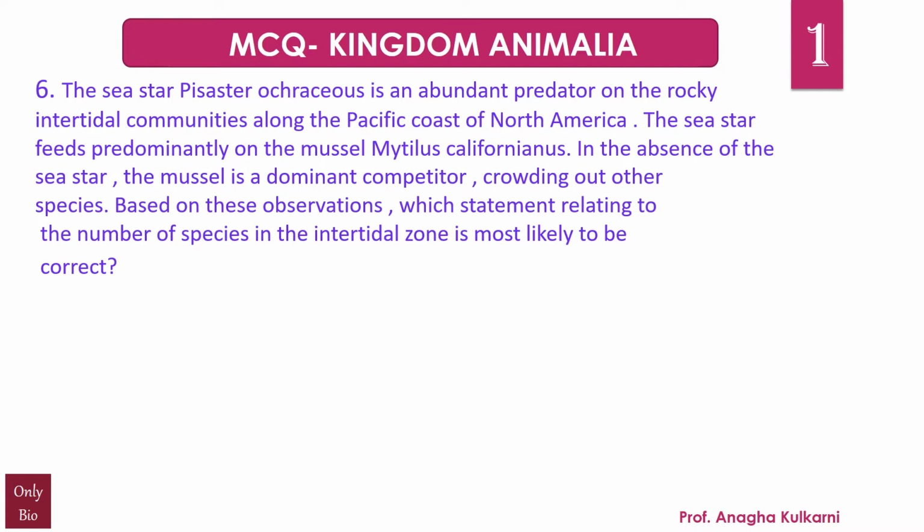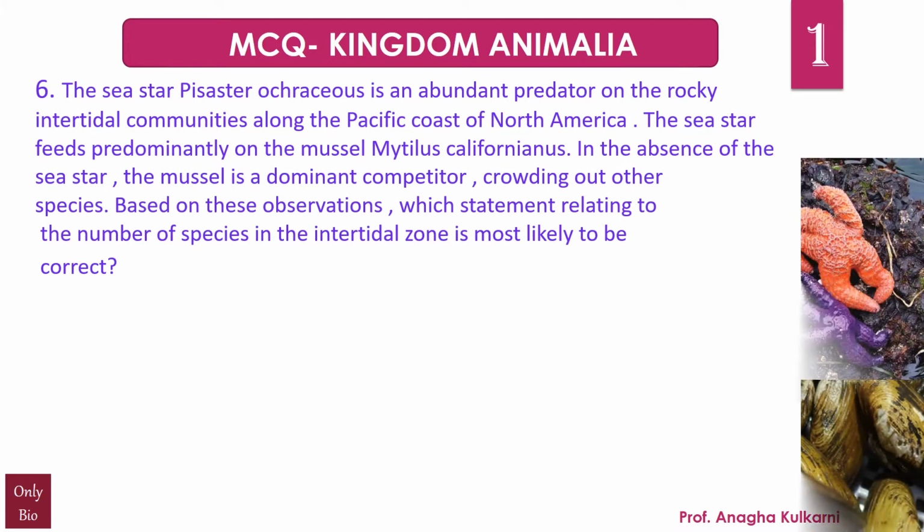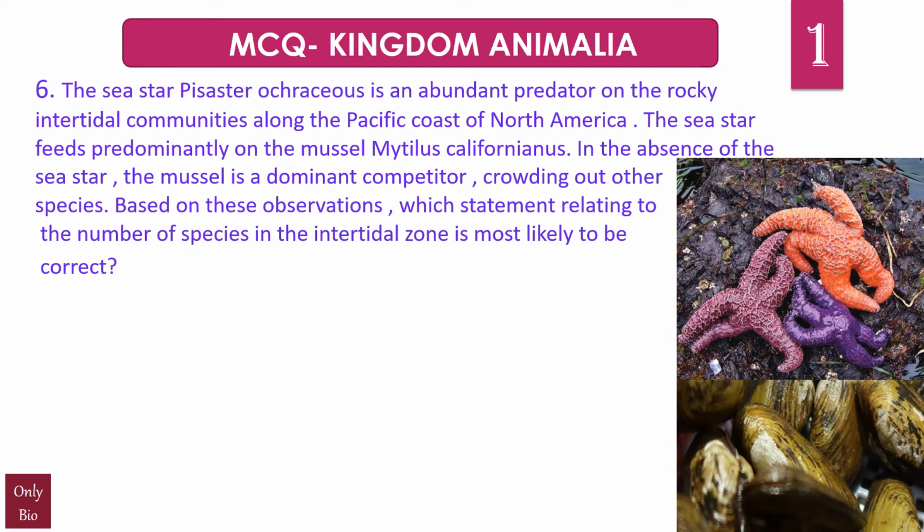Based on these observations, which statement relating to the number of species in the intertidal zone is most likely to be correct? On the right hand side of the screen, you can see on the top a sea star, Pisaster ochraceus, and on the lower side, you can see the mussel Mytilus californianus.